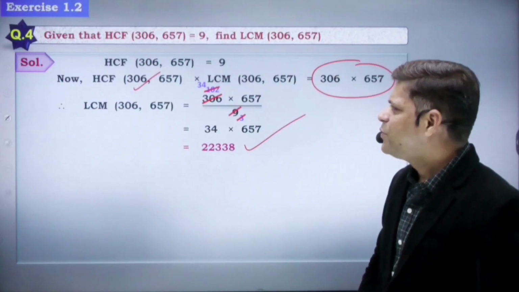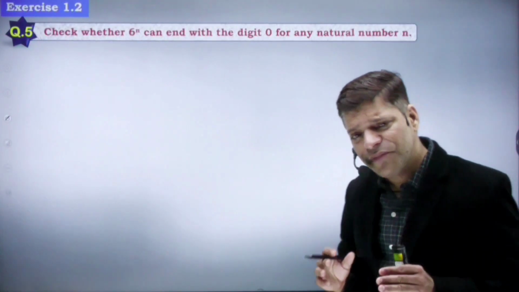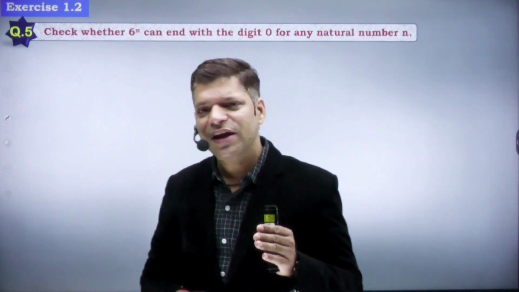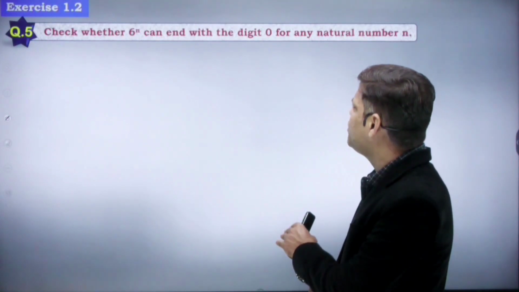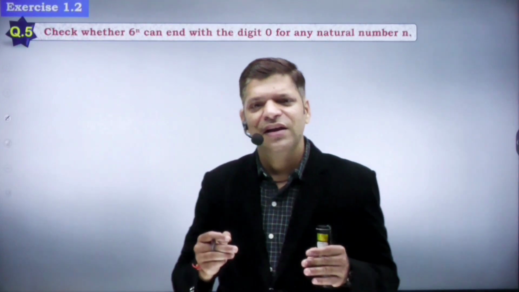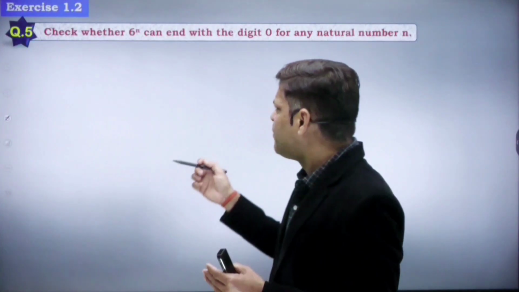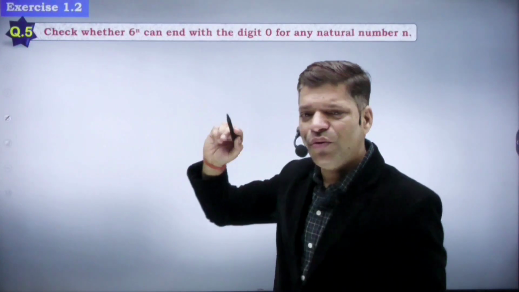Okay, so the next question is question number 5. Very interesting, very important question. We have to check whether 6 power n can end with the digit 0 for any natural number n. So we have to check whether there exists any natural number n for which 6 power n ends with the digit 0.